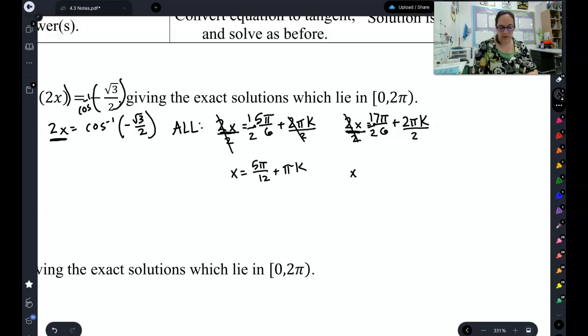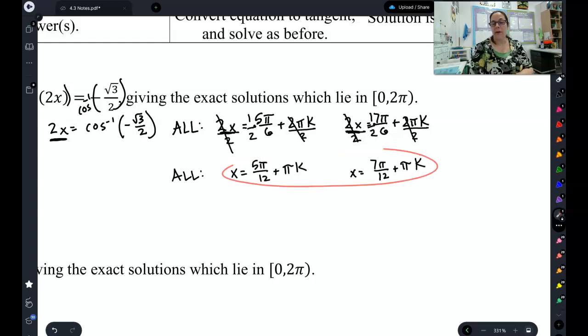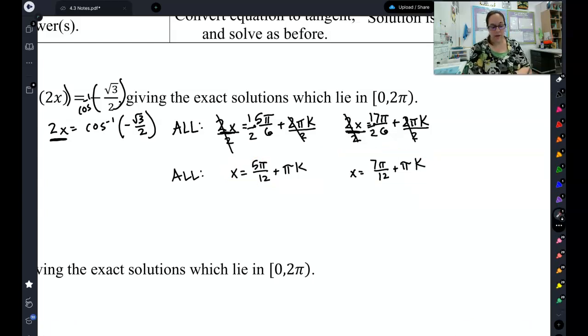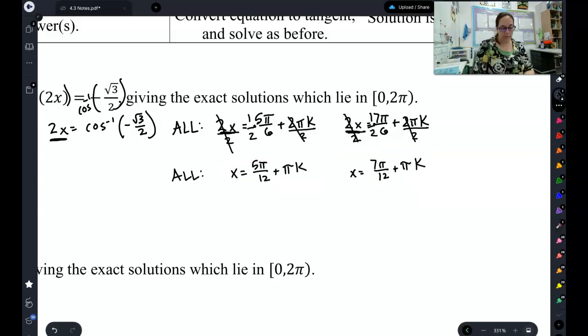And this one gives me 7 pi 12ths plus pi k. So if the problem said find all the solutions, these would be my final answers. I'm done. However, the problem says only the ones between 0 and 2 pi.